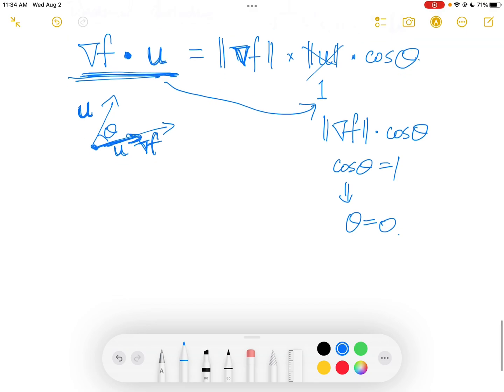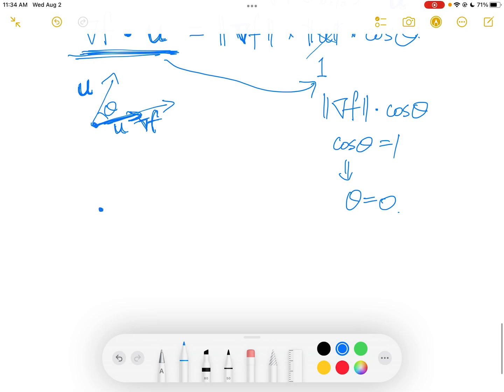And that makes intuitive sense because the gradient vector by definition says that if we move at this point x0, y0 in this direction of x and y, that's going to cause an increase in z.